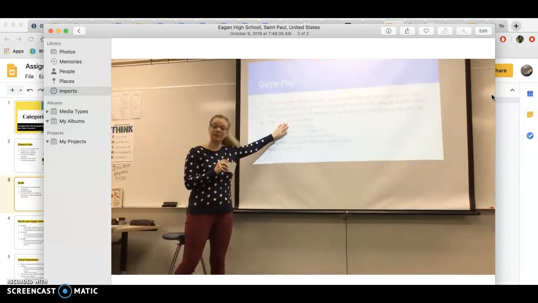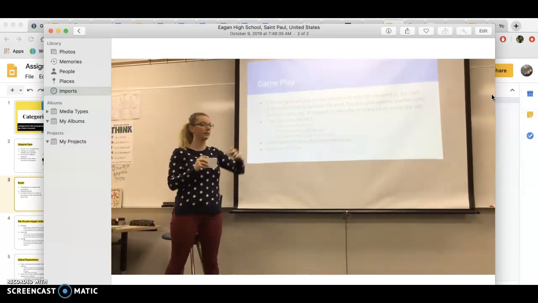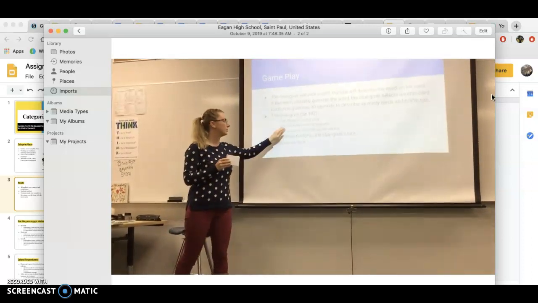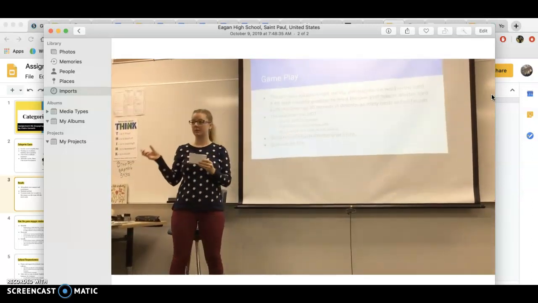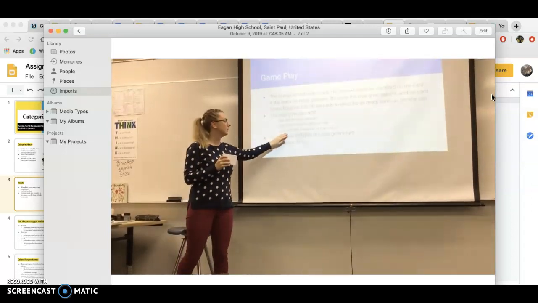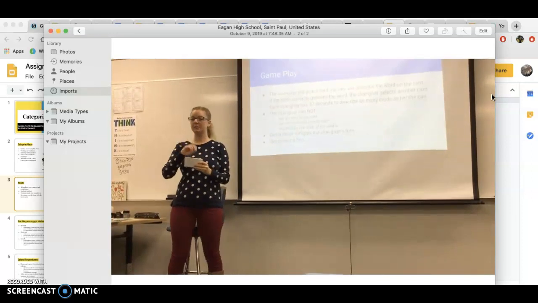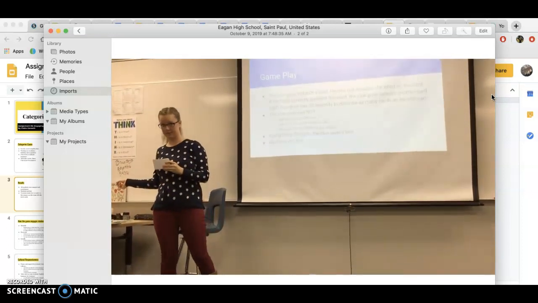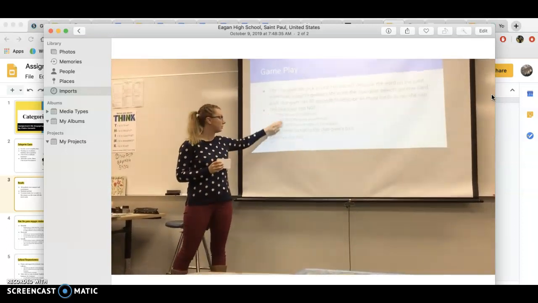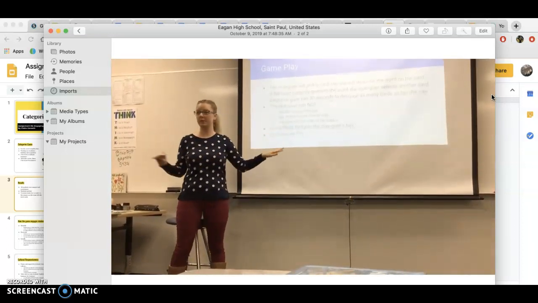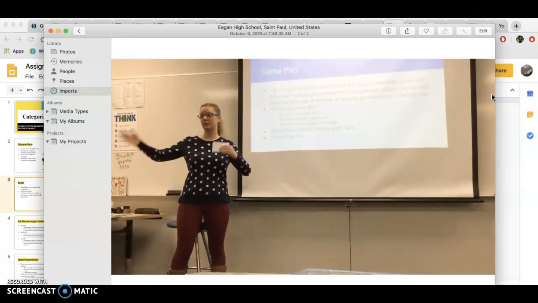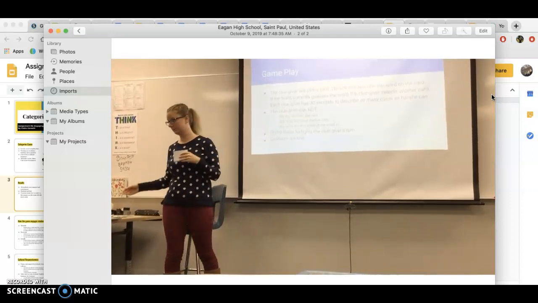No puede decir la palabra que está escrita en la tarjeta. Tampoco pueden decir las sílabas. Ni decir la primera letra de la palabra. Si un equipo lo hace, van a perder su turno. Sí pueden usar gestos, son mociones.